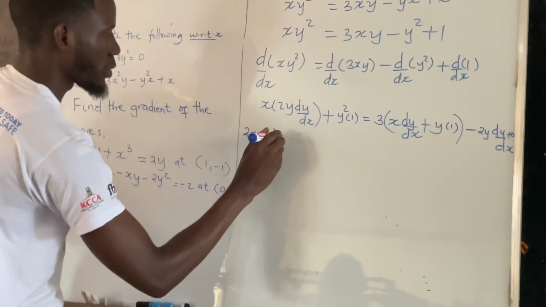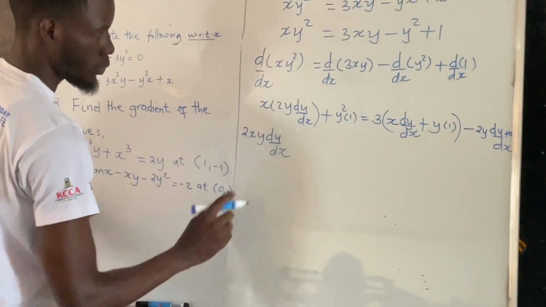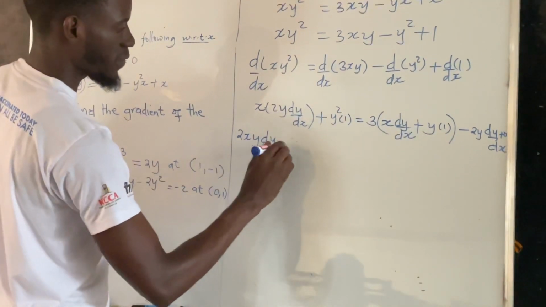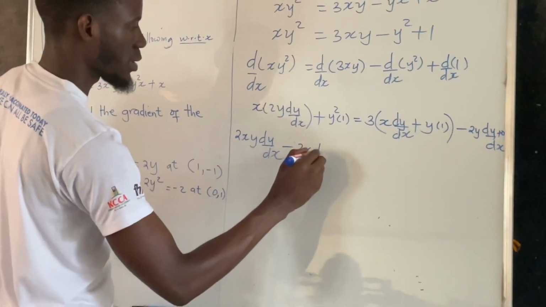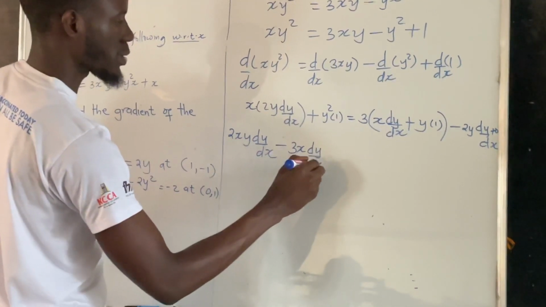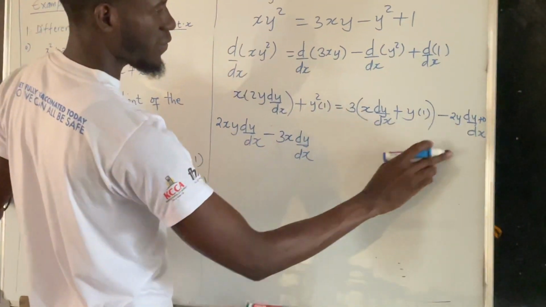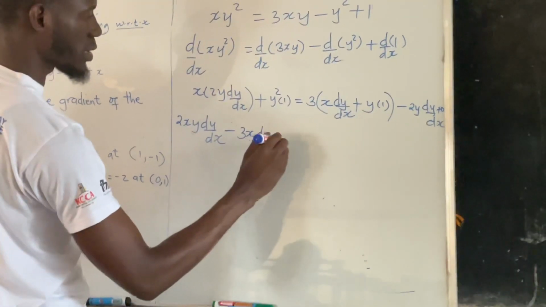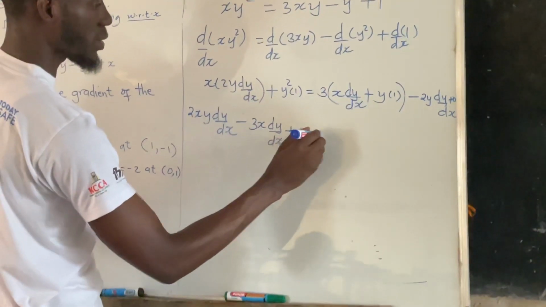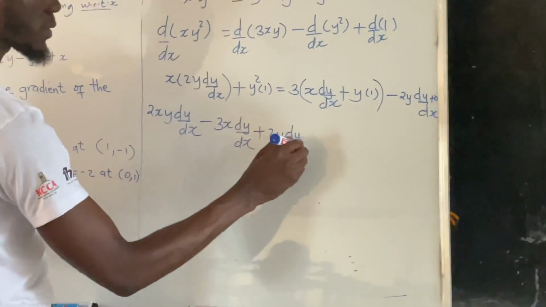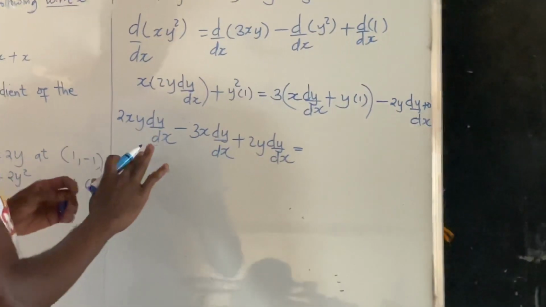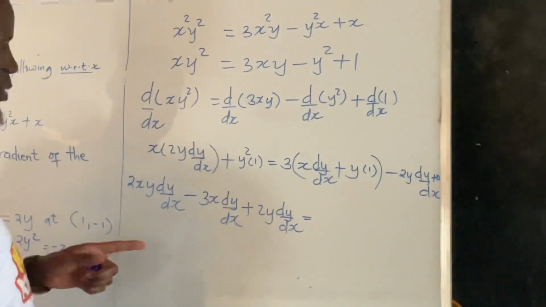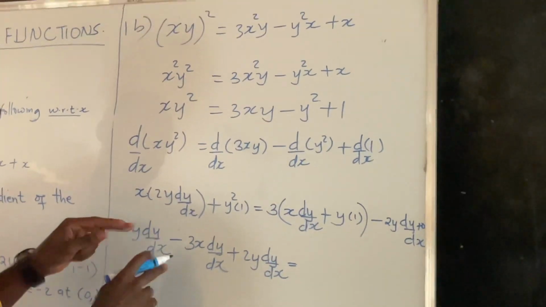So I'll have 2xy dy/dx. Then I have, when this one crosses the equal sign, it becomes a minus 3x dy/dx. Then I also have, when this one crosses this equal sign, it becomes a plus 2y dy/dx. Then whichever term is not having a dy/dx on it crosses to the right hand side, and the sign is going to change.